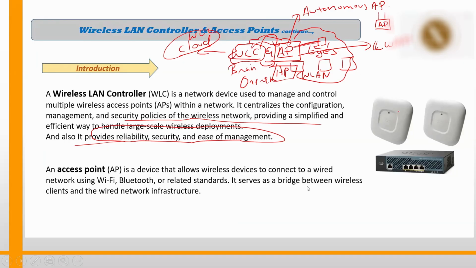The access point serves as a bridge between the wireless clients and the wired network. So basically, the access point sits here and it gives all the information to the WLC relating to the client. The client is connected through the SSID and sending all the information, and the AP is going to send it to the WLC, and then it is going to bridge to the wired network.